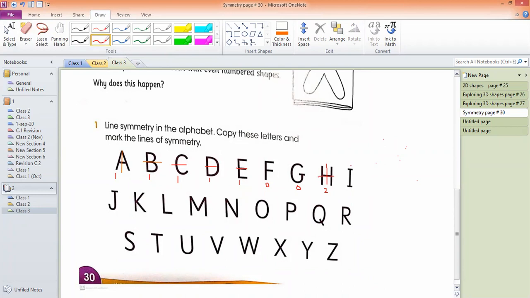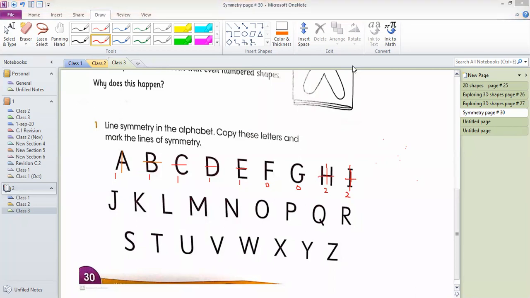This is the first line of symmetry. And in the middle, there is one more symmetry. So how many symmetries are there? Two. Tell me about the J, guys.